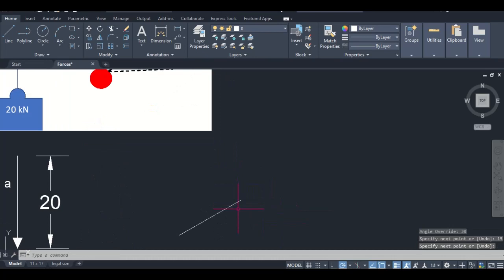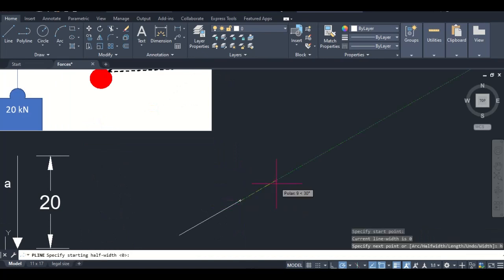I'm again going to put on my arrowhead. Okay, so I tried 2 and I realized it's big, so I'm going to go again, H enter, and let's make it 1 this time, 0 enter.